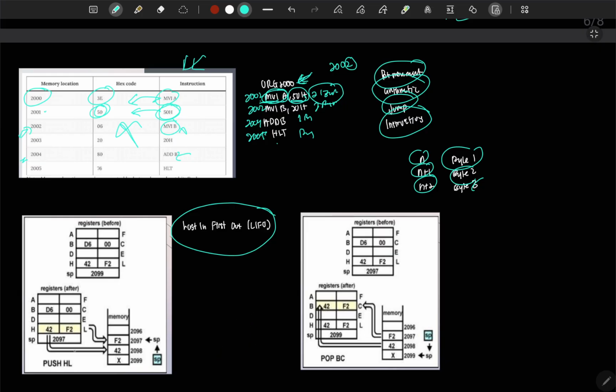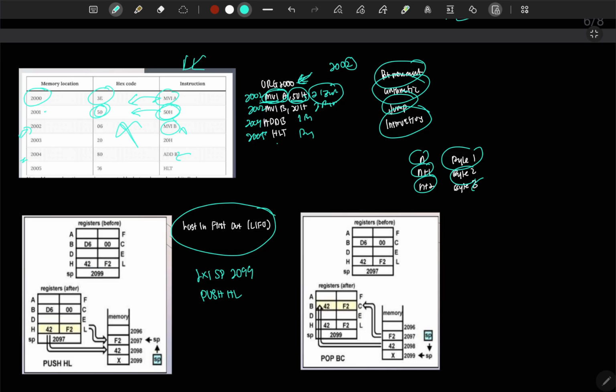Now this is say that push HL. So we need to know that the stack pointer is, maybe the code was as such, load stack pointer 2099, then they would be telling that push HL, meaning that in 2099 we need to be there.